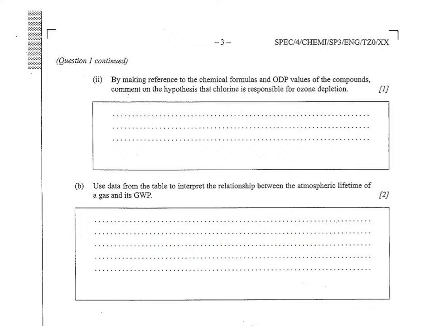The rest of this question, you have to flip back and forth to the graph. I'll make reference to it, but you should be able to look at your own copy. Part 2 says, by making reference to the chemical formulas and the ODP values of the compounds, comment on the hypothesis that chlorine is responsible for ozone depletion. What you should notice is that the ODP value is greatest for CFCs with 2 and 3 chlorine.